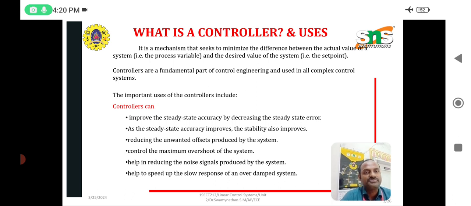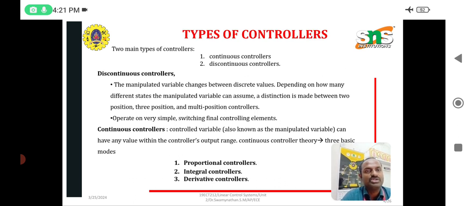The importance of the control system includes: it can improve the steady state accuracy by decreasing the steady state error, improves stability, reduces the unwanted offsets produced by the system, controls the maximum overshoot of the system, helps in reducing the noise signals produced by the system, and helps to speed up the slow response of an overdamped system. The types of controllers are continuous and discontinuous controllers.